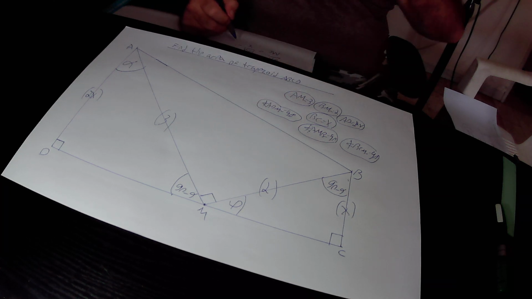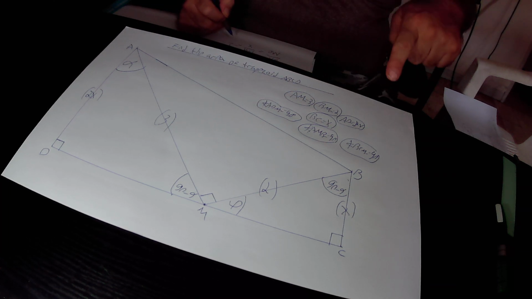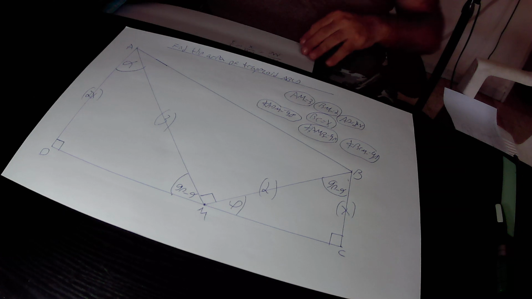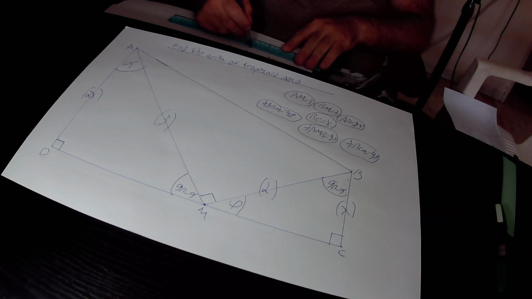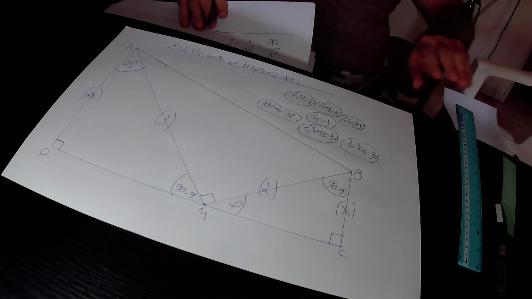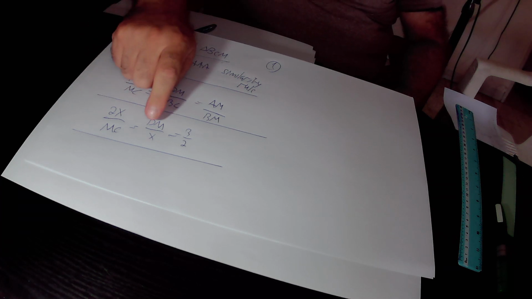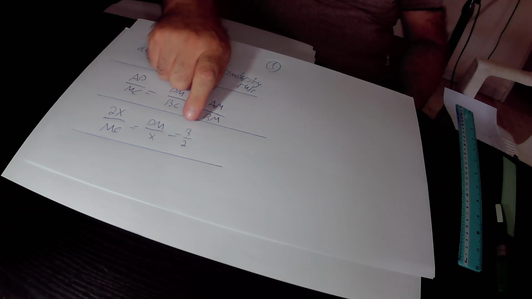AM is 3 according to what is given in the question, over BM. BM is 2 according to what is given in the question. So in total, we found out that 2x over MC equals DM over x equals 3/2.